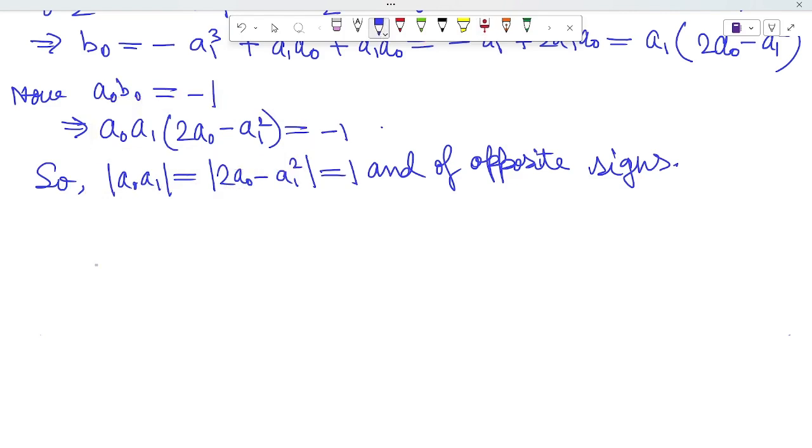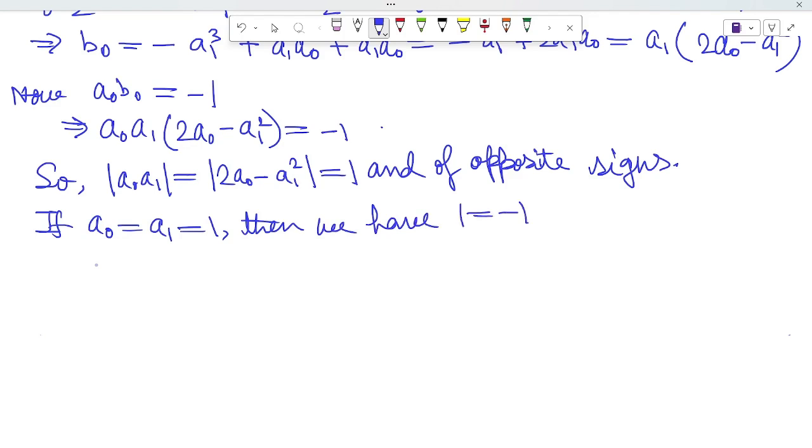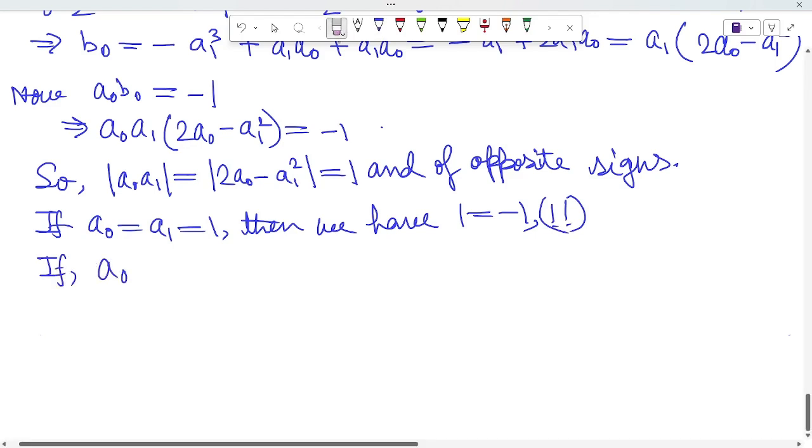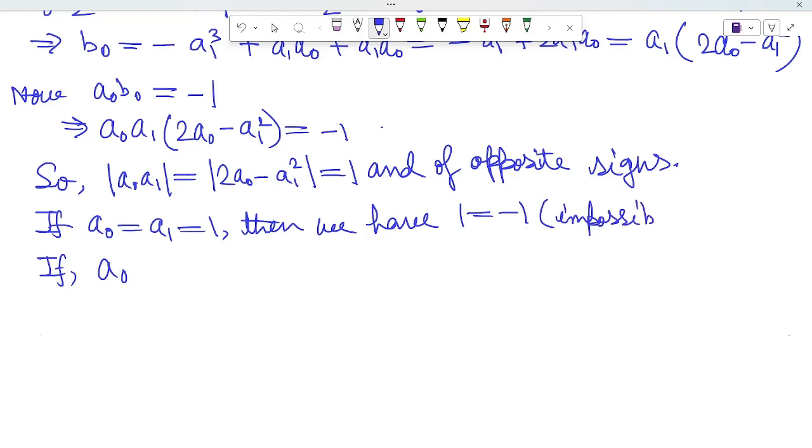For example, if I take A0 equal to A1 equal to 1, then putting A0 equal to A1, you will get 1 equal to minus 1, which is false, a contradiction, so impossible.